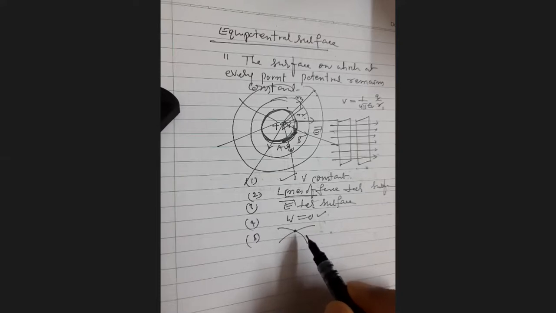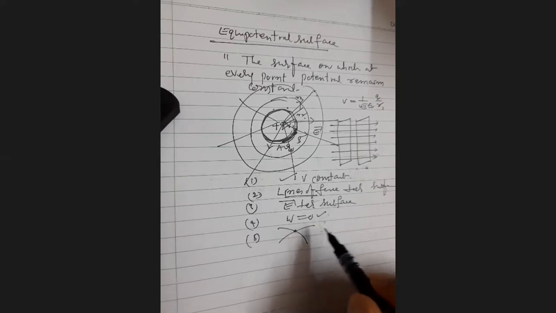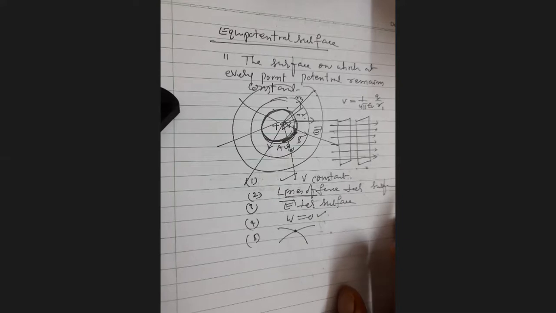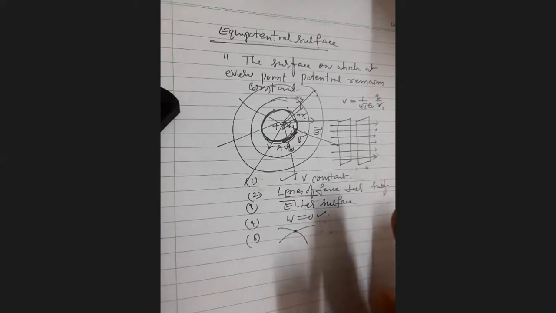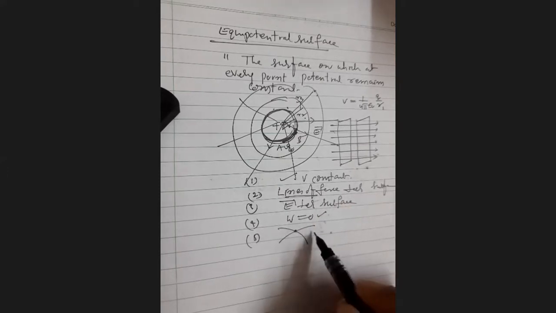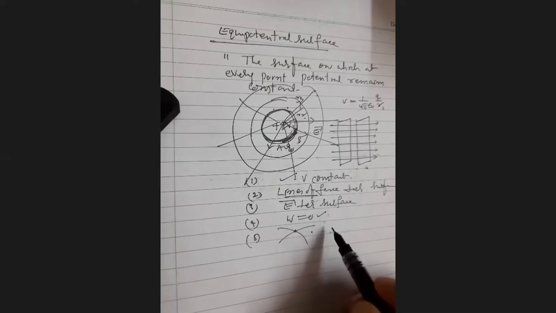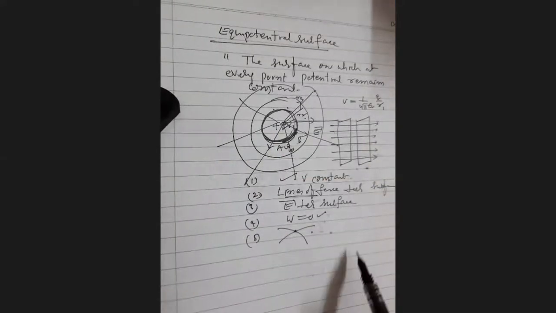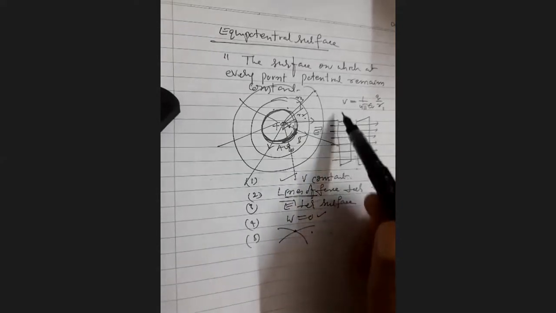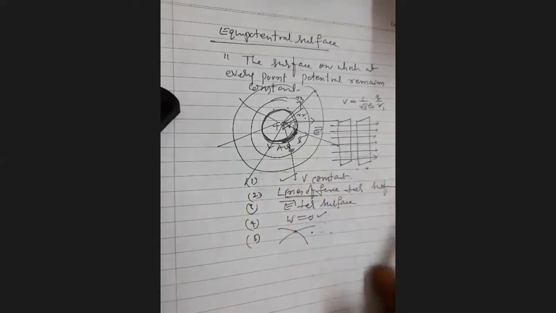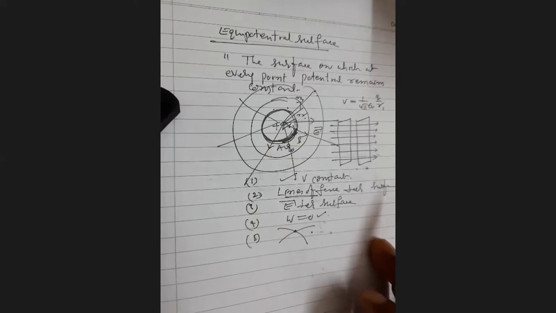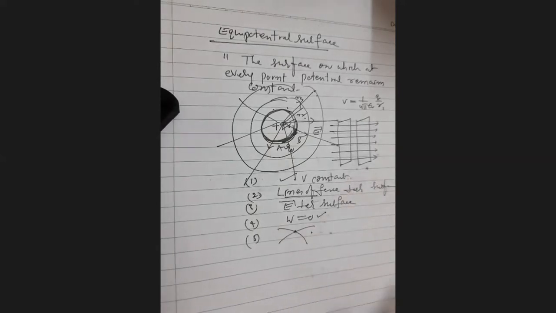If they did, then at the point of intersection the electric potential would possess two values. But on an equipotential surface, at any point the potential should have only a single value. Therefore, it is a contradiction. Hence, no two equipotential surfaces intersect. Due to a point charge, the equipotential surfaces are concentric spherical surfaces. In a uniform electric field, the planes perpendicular to the field direction are the equipotential surfaces.